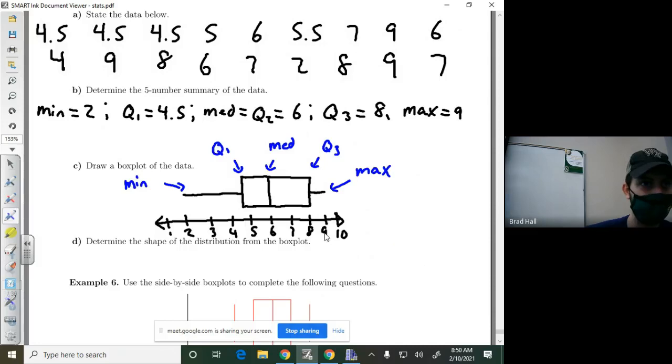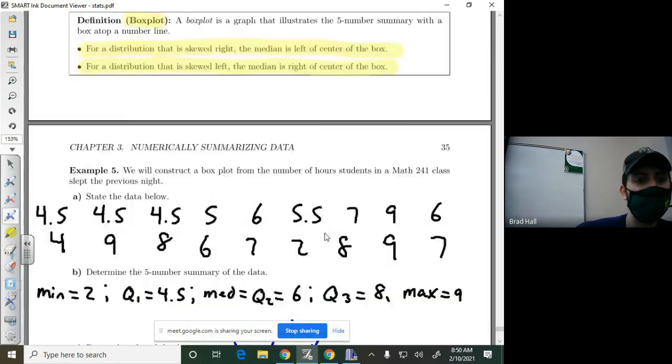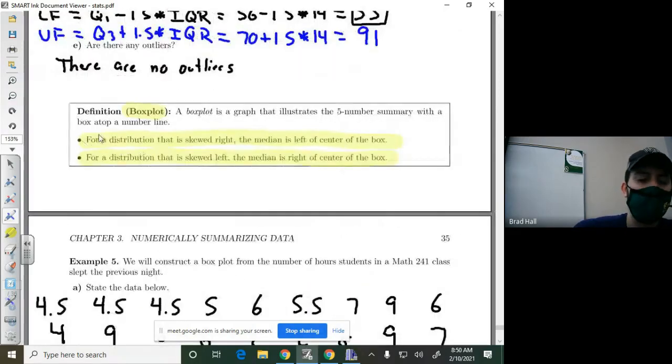So there's a few different indications here. Technically, this says for a distribution that is skewed right, the median is left of the center.